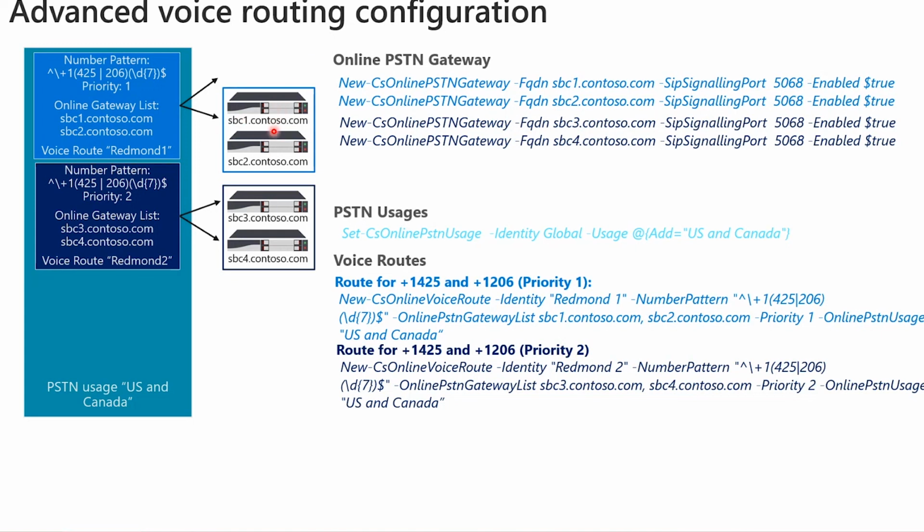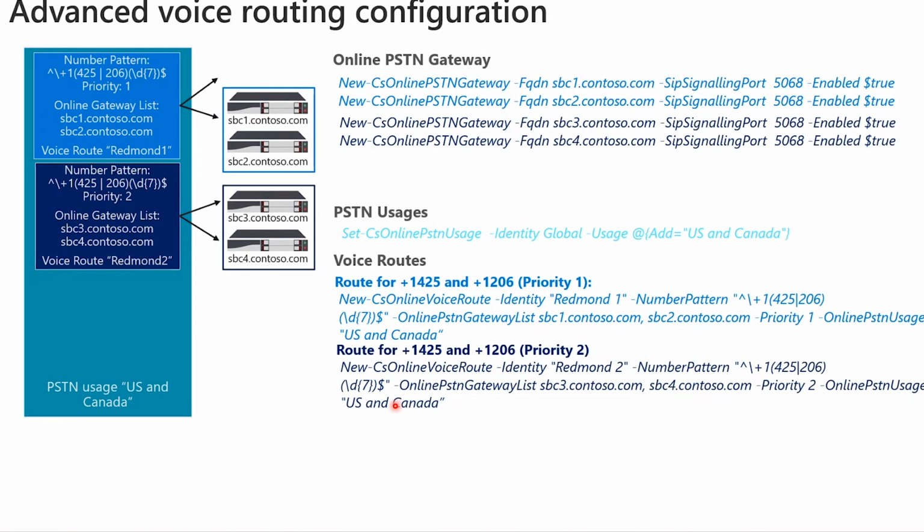It randomly happens. If neither of these gateways is available, we will fail over to the priority 2 site and send it to one of these two gateways in that site. Again, handling +1425, 206 and any 7 digits afterwards. List of gateways, priority 2, assigned to the online PSTN usage US and Canada.